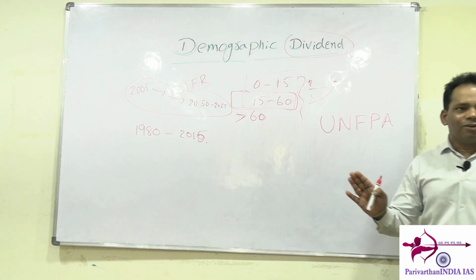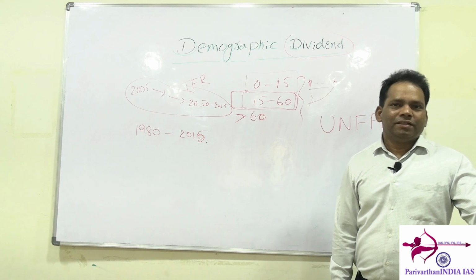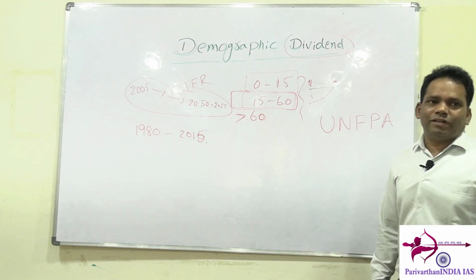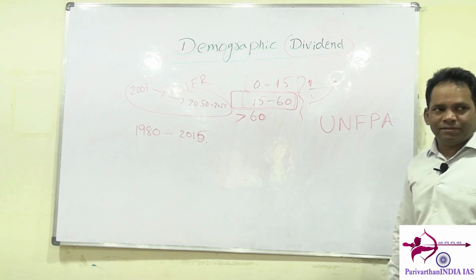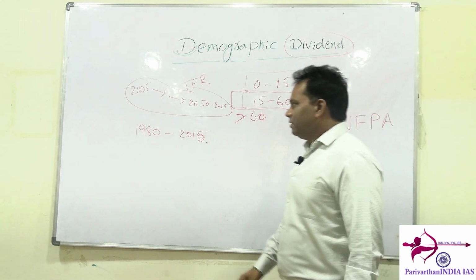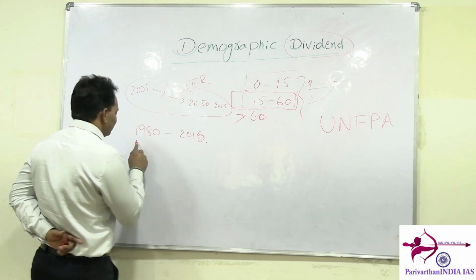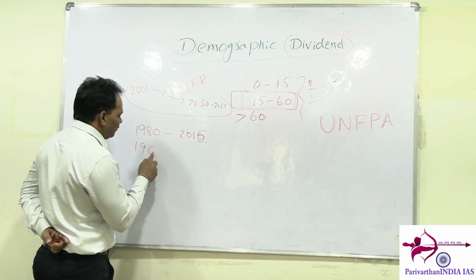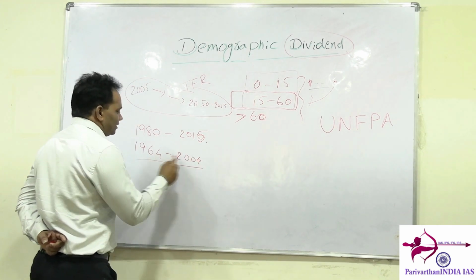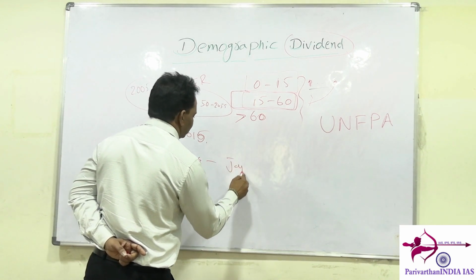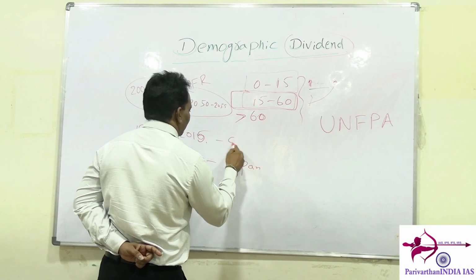Now China's golden opportunity is completed. This saga of huge economic growth has ended in China. Of course it can maintain. Whereas in Japan, this demographic dividend was 1964 to 2004. This is Japan. This is China.